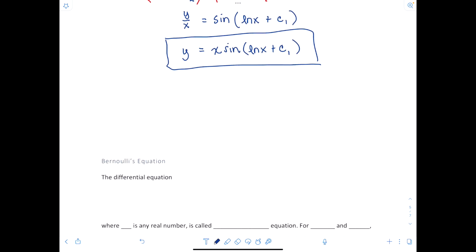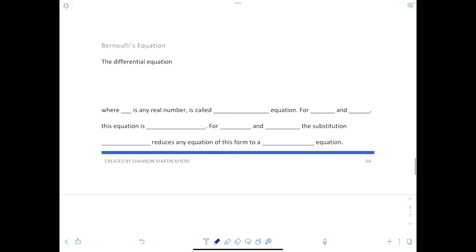Bernoulli's equation. So this is a fun one too. The differential equation, dy dx plus p at x times y equals f at x.